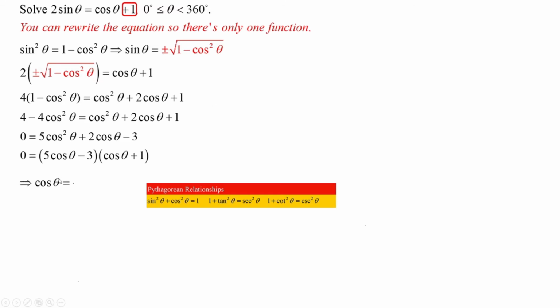So this implies cosine of theta would either have to equal 3/5, or cosine of theta would have to equal -1. Okay, so let's find our angles theta. For this first statement, cosine of theta equals 3/5. Can we go inverse cosine of 3/5?